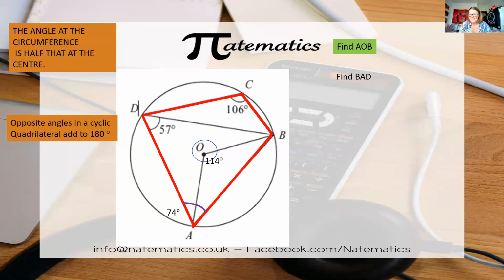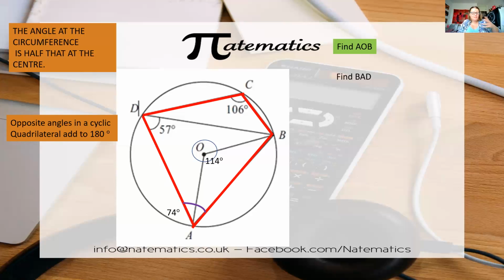Now, what do we know about a cyclic quadrilateral? We know that the opposite angles add to 180 degrees. So therefore, this angle here, 106, plus this angle add to 180. Now, clearly I've already done the maths for you, 74 degrees, but you have to show it.